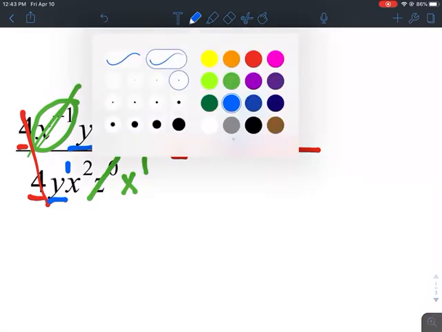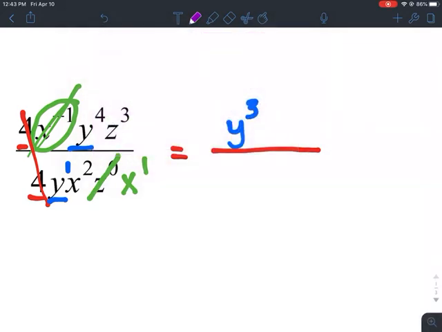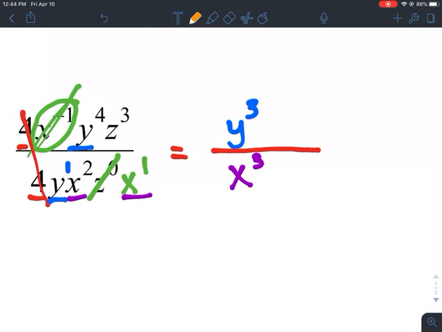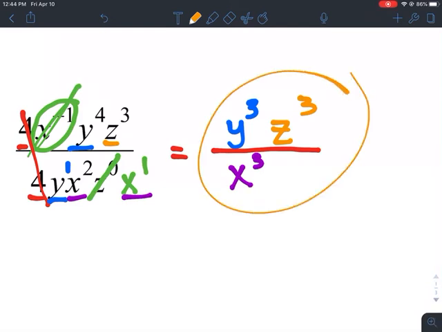Next, if I look at my x's, they're both on the bottom now, so I'm going to add those together because they're on the same level. So 2 plus 1 is 3, so I've just got x to the 3rd. And then last, my z to the 0 disappeared, so there's only one z left, so it's just going to stay where it is. And then I'm done.